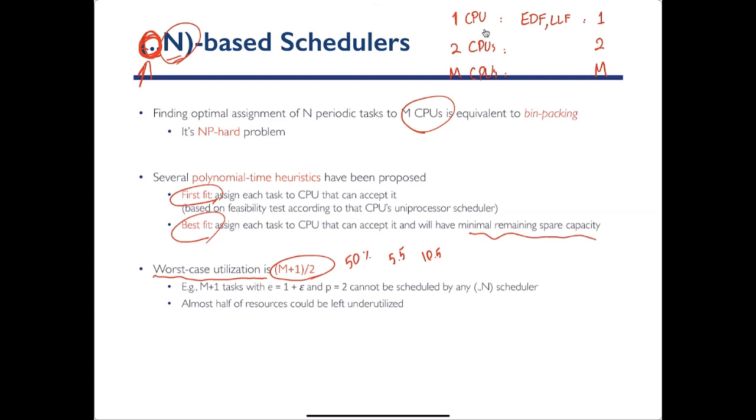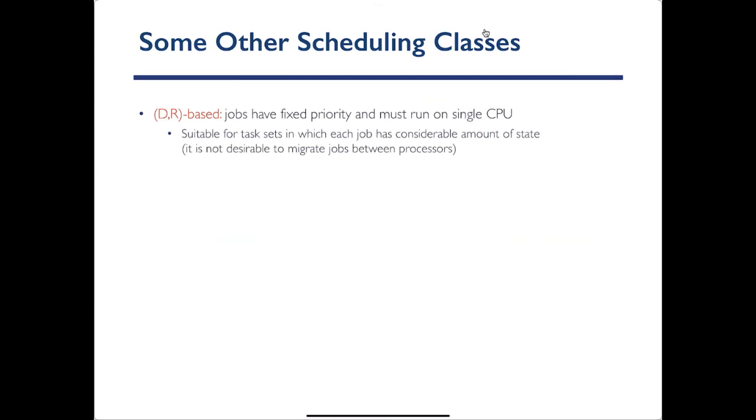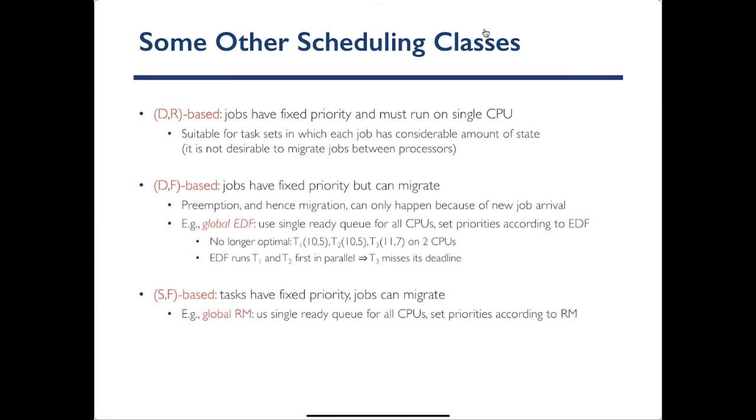So moving to other classes of schedulers. So if you look at DR, I'm actually going to jump. So there's DR, DF, and SF. So here I have just a bunch of examples for you.